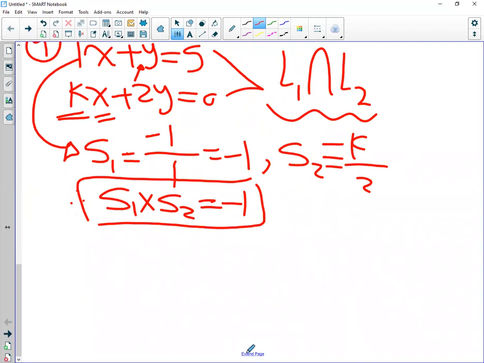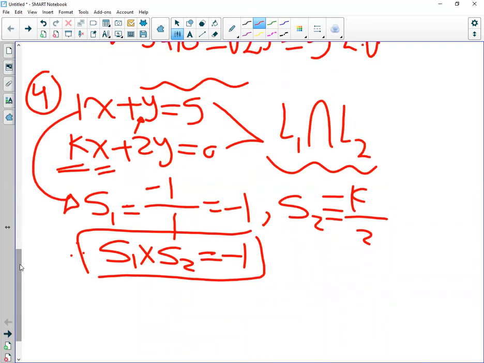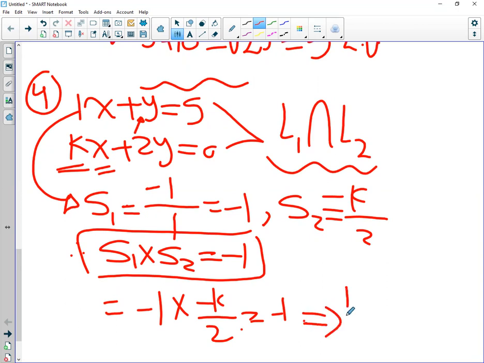So negative 1 times negative k over 2 equal negative 1. Then negative times negative equal positive, so k over 2 equal negative 1.